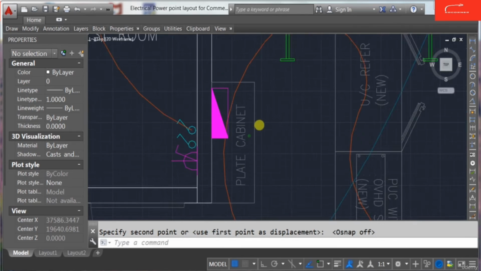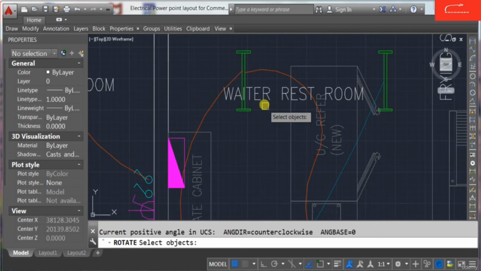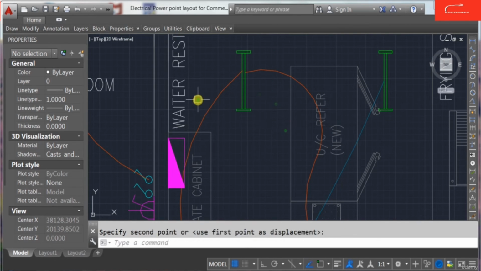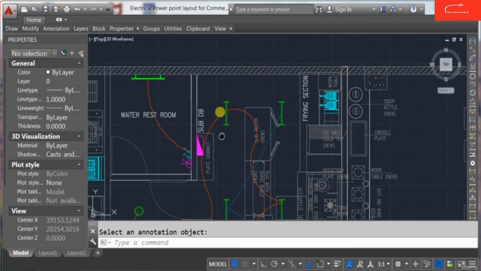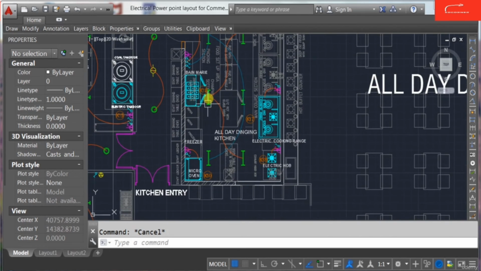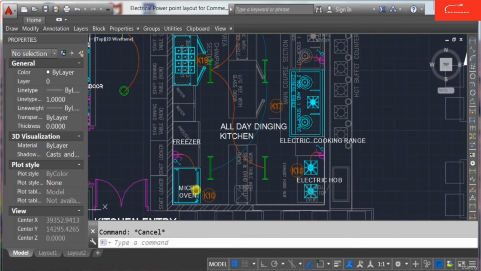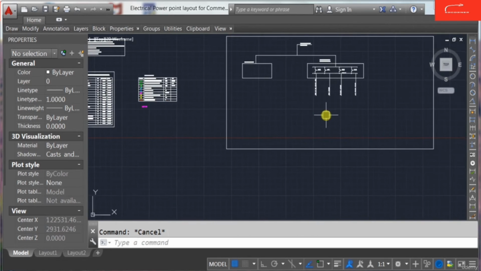So I'll put over here, this is called sub DB. In this sub DB, all the electrical equipment power supply will be connected. So here in the all day dining, these are the equipments, that is K10, K17, K18 and K19.